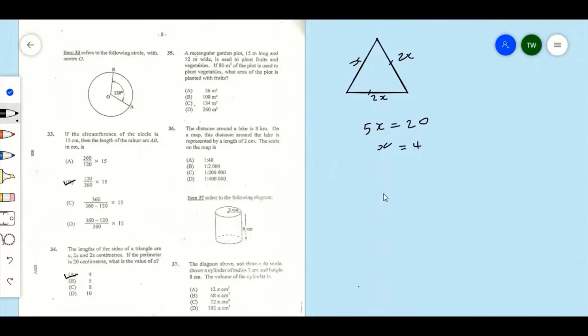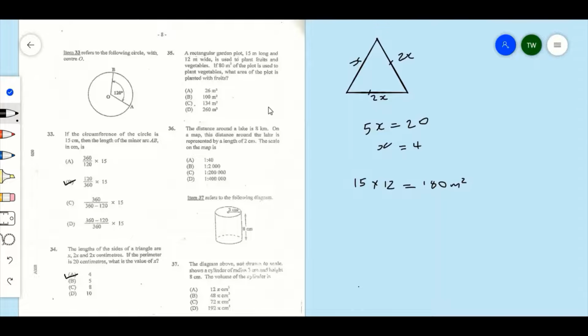So we know it's a rectangular garden. Therefore, the area of the garden is going to be 15 meters times 12 meters, and that's going to give us an area of 180 square meters.